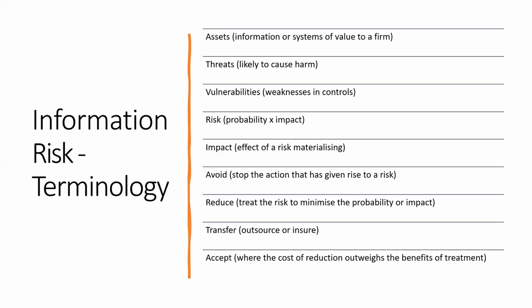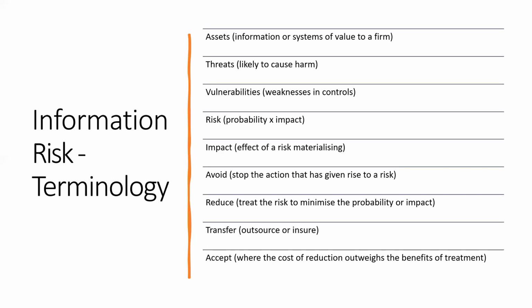Threats, they are systems, people, or processes likely to cause harm to our organizations, to our information assets. Yes, it could be a system that has been configured internally, like a firewall that I mentioned earlier.